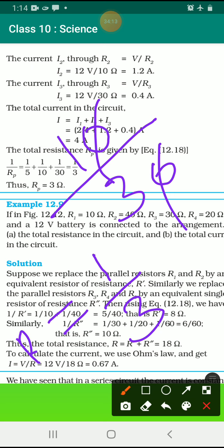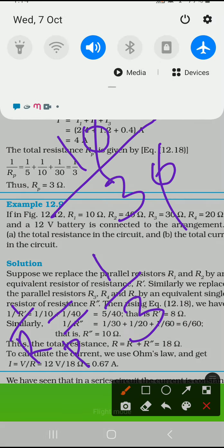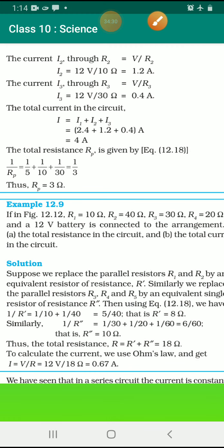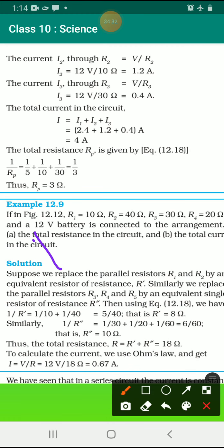So 1 by Rp is equal to 1 by 3. We need to write Rp, so you just invert it.